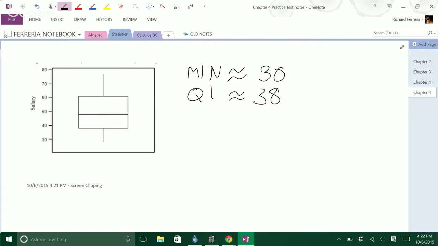How about the median? Like 49. Yeah, 49 looks about right. How about Q3? 60. Yeah, that looks like 60 right on. And max. 78, 77.